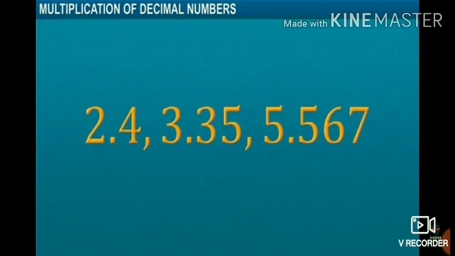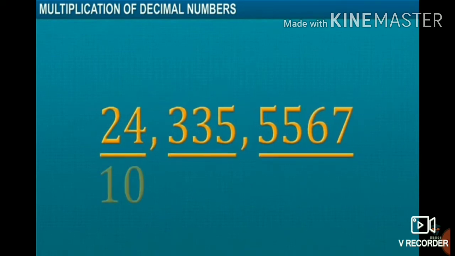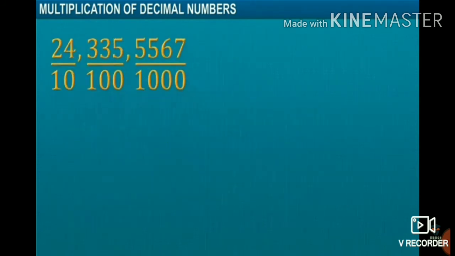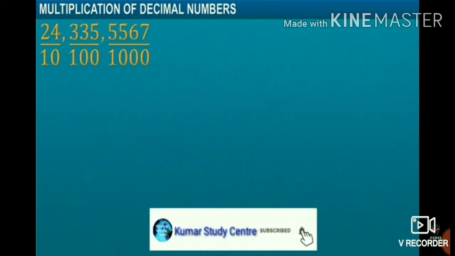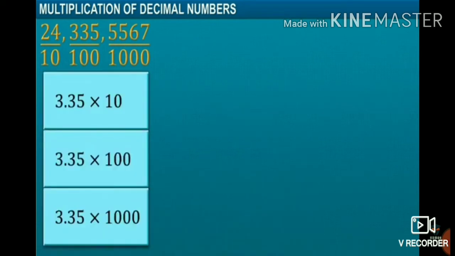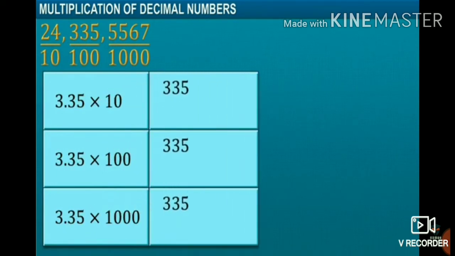The next is how you can convert decimals into whole numbers, which is helpful for the multiplication of whole numbers. So 3.35 into 10, 3.35 into 100, 3.35 into 1000.